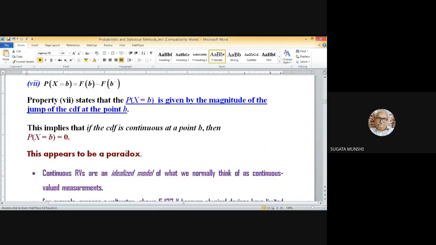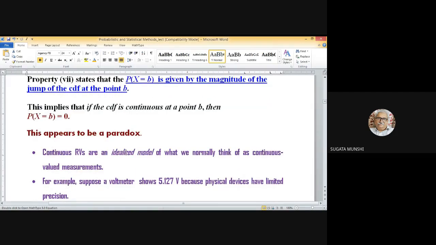Now write down. CDF is continuous at point B means that the random variable is continuous.